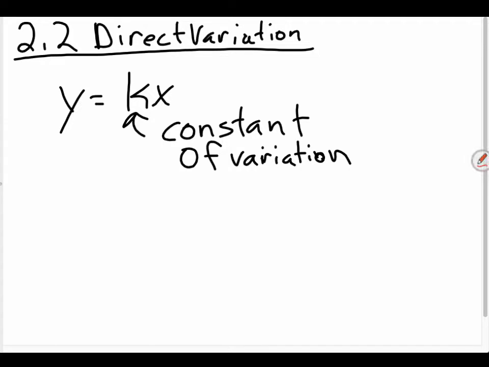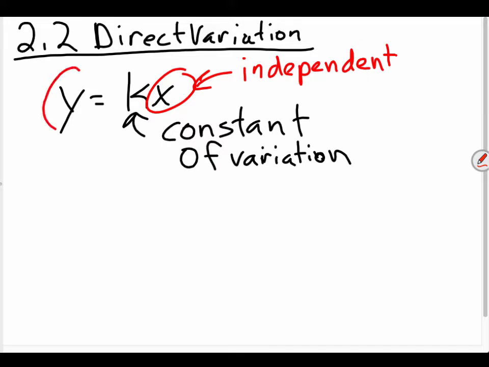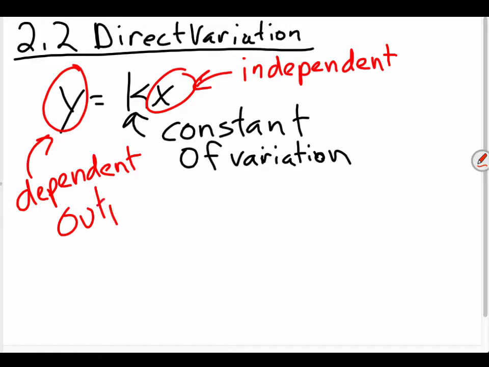Okay, and x has a lot of names, but really this is just the independent variable. And y, what does that make y then, guys? The dependent variable. And remember, this is technically the output, where x is the input.